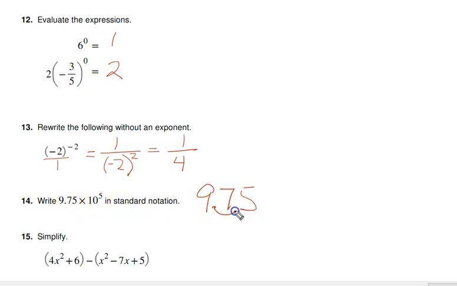So we move it 2, then we have to add 3 zeros. And then with our new decimal point here, and I guess I can erase this one, there is this in scientific notation written in standard notation.